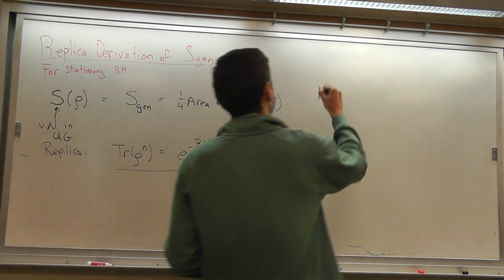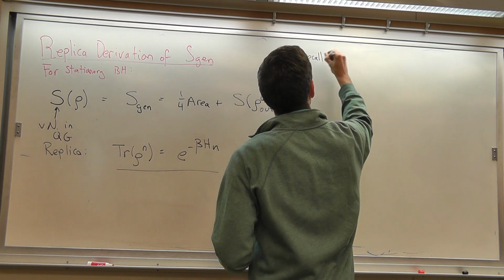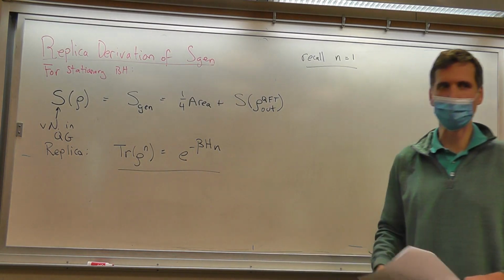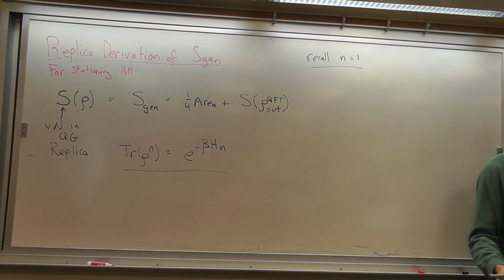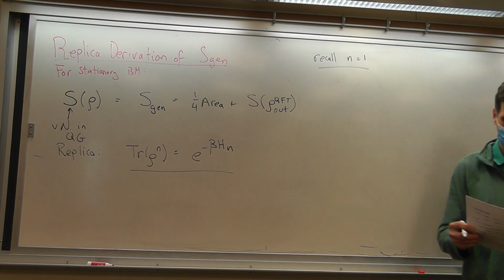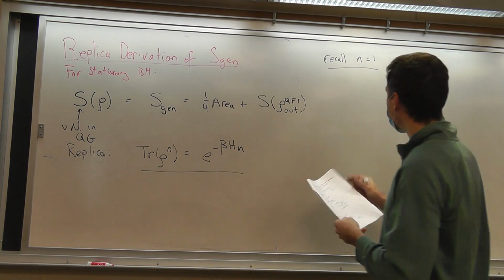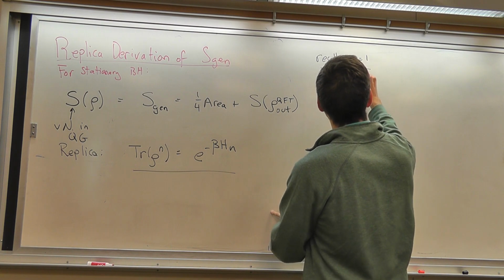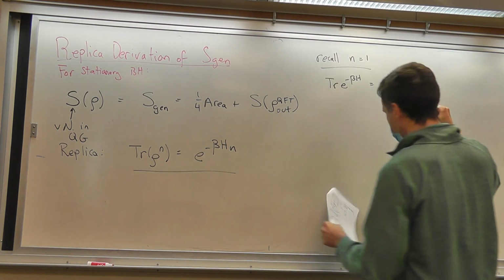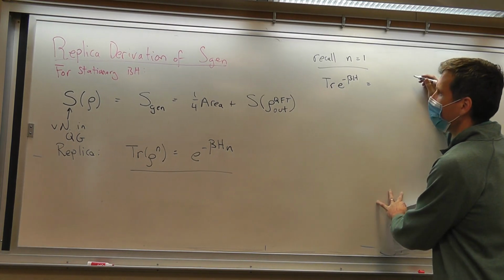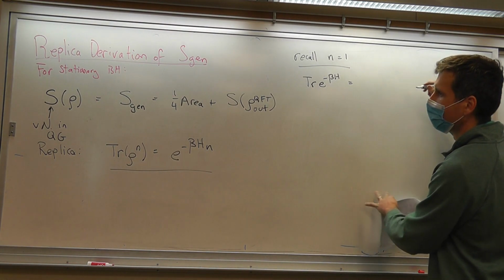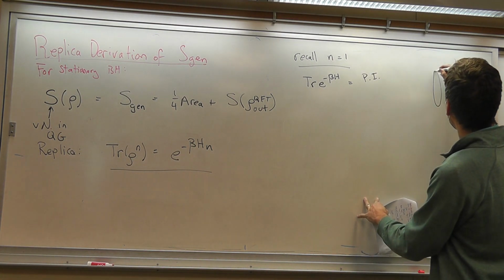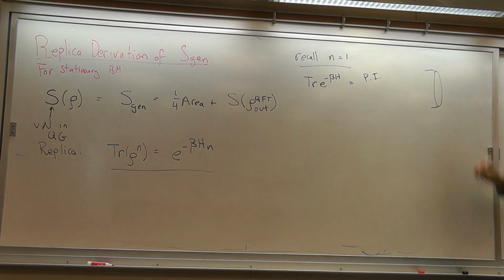Let me remind you of the case n equals 1, where you just are calculating the partition function of the black hole. So in that case, we had this trace e to the minus beta h was the path integral with this boundary condition.